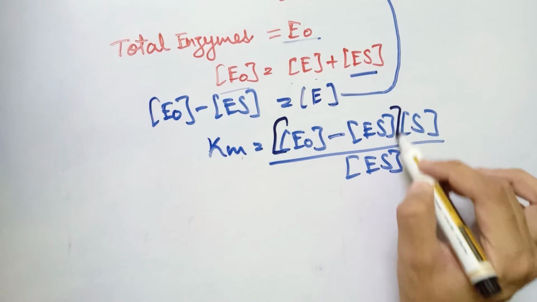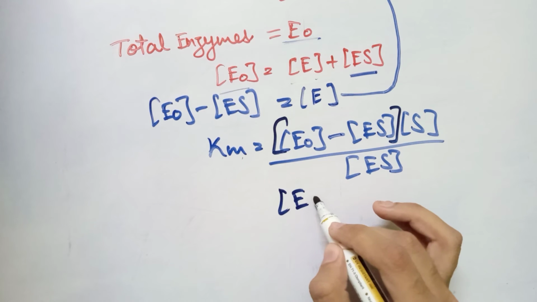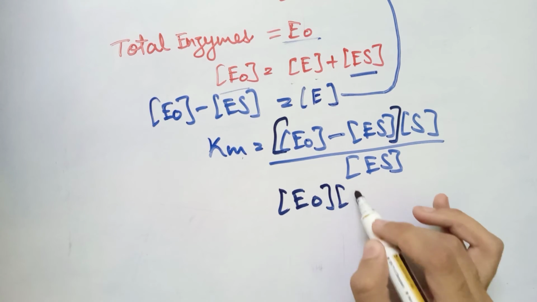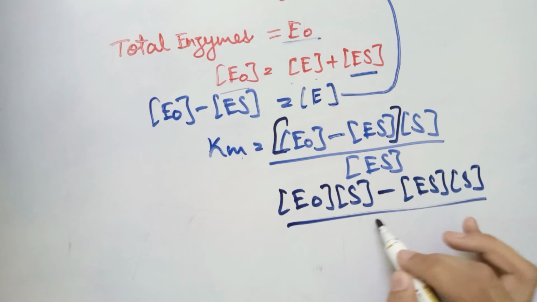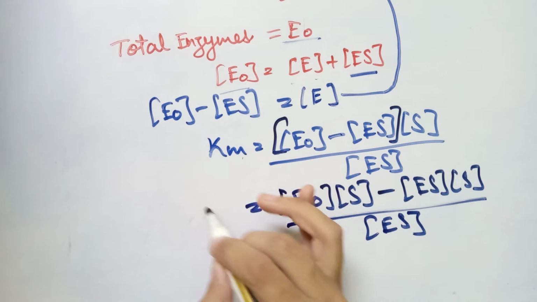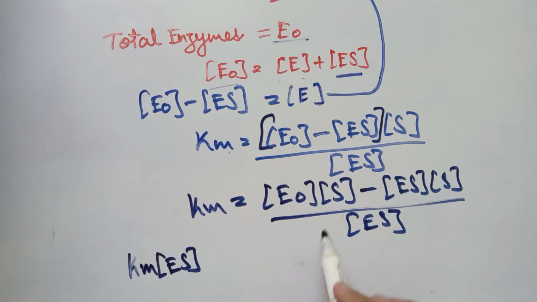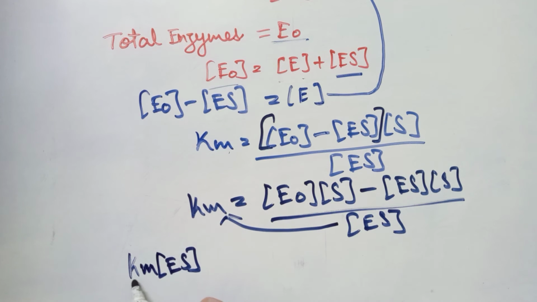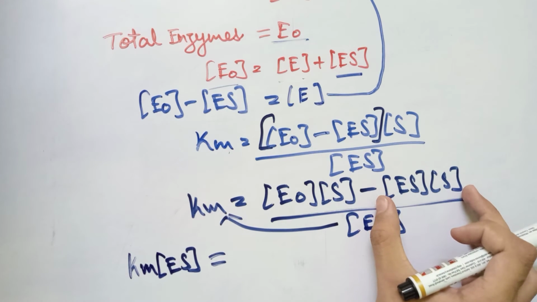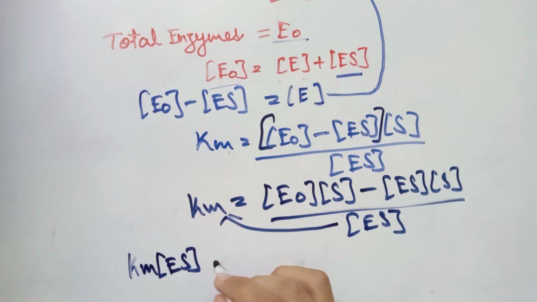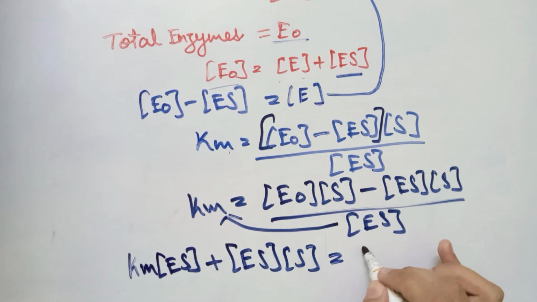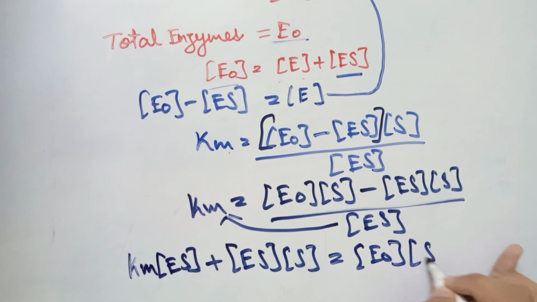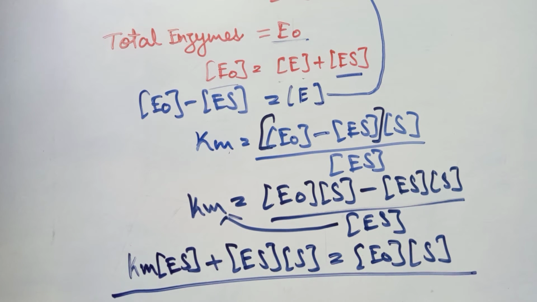Now as we multiply all of this with the substrate concentration, then this becomes, now we can take this here and this will become Km multiplied by enzyme substrate complex, and this which is in minus sign can come here and become positive in sign, and this will become like this. So now the equation becomes like this. I hope you understand this.